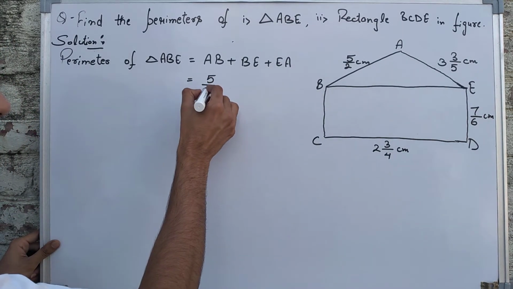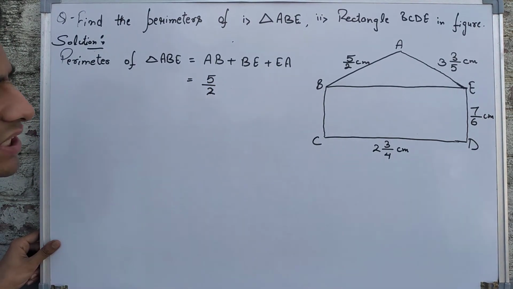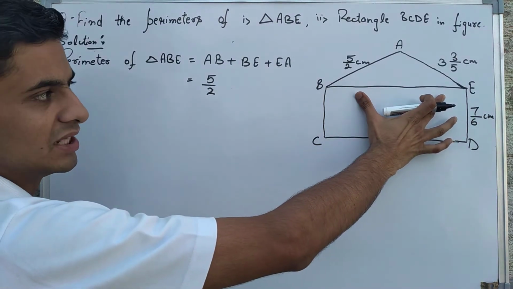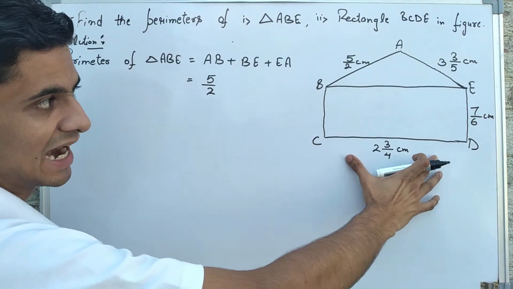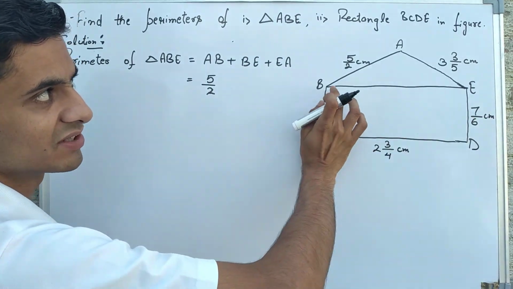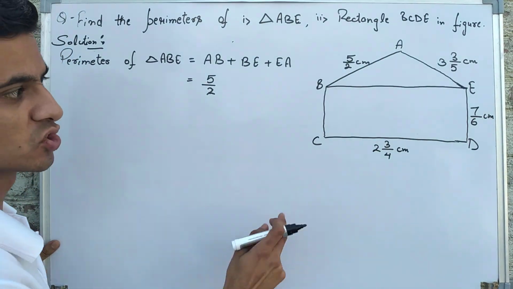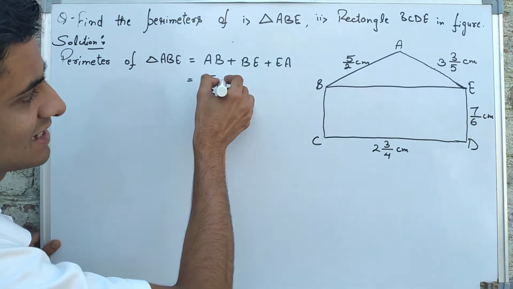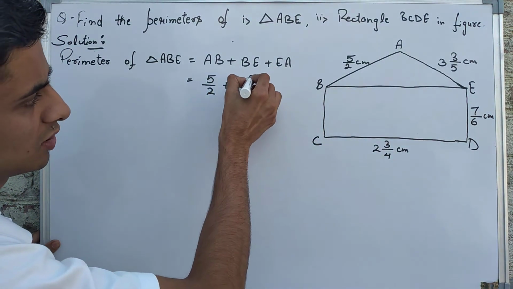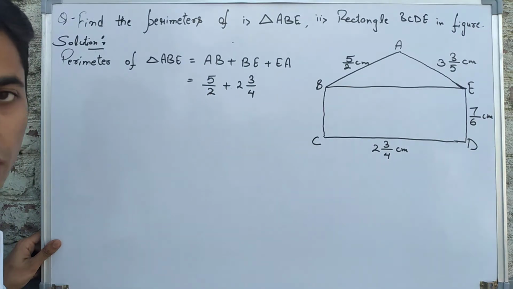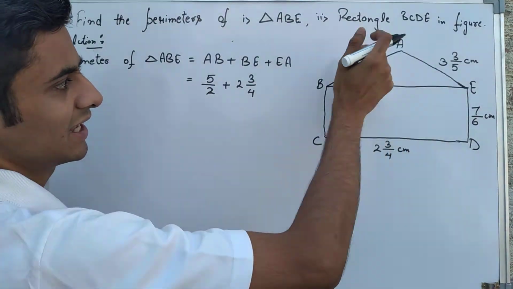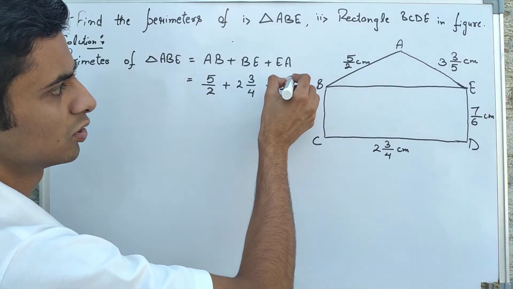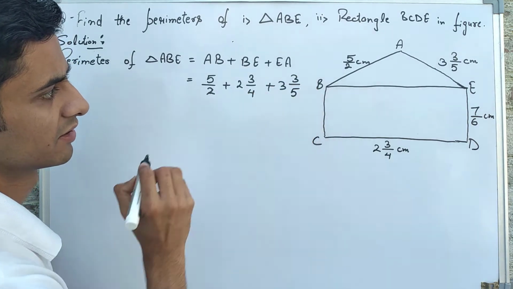We'll place the unit at the end. BE, you are not having the length of BE, but you are having CD, and this is a rectangle. It is also given that BCDE is a rectangle. So if it is a rectangle, CD is equal to BE. So we can write this as 2 whole 3 upon 4, and then EA is 3 whole 3 upon 5.